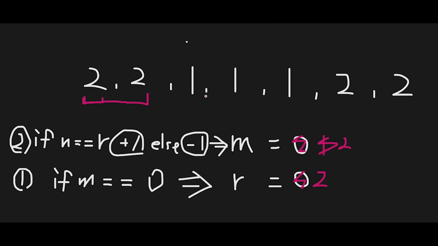Now we find 1. So check if the majority number equals 0, but now it's 2. So I don't update the result variable. Still 2 is the majority number. And then if the current number 1 equals the result variable 2, in this case it's false.